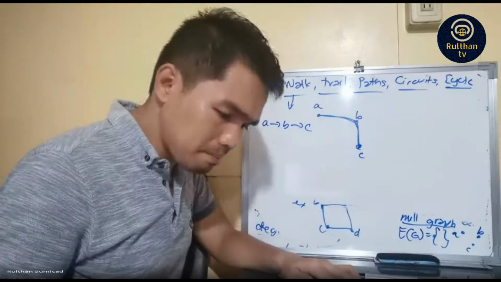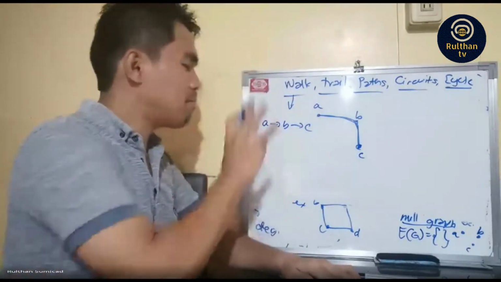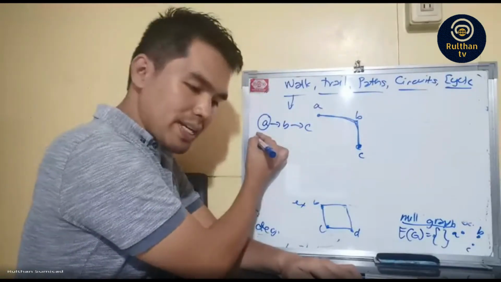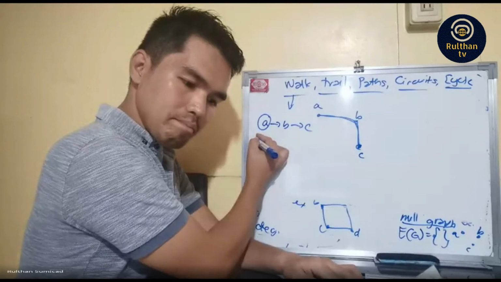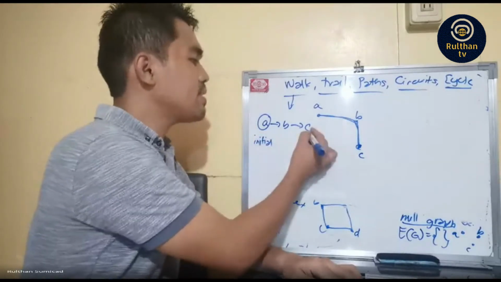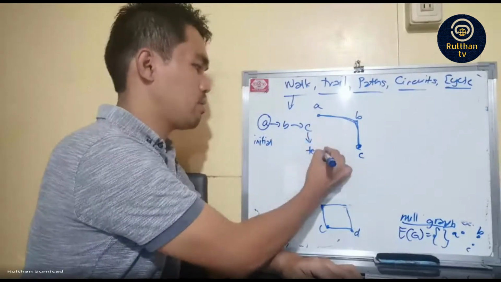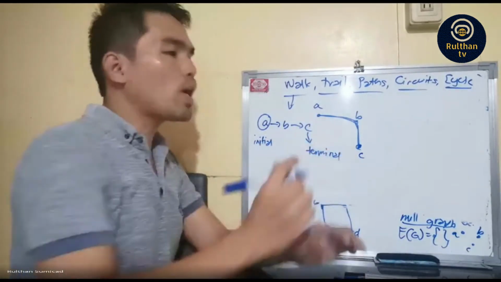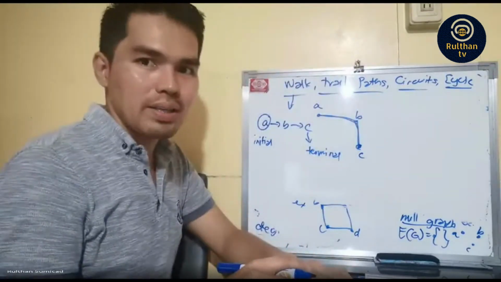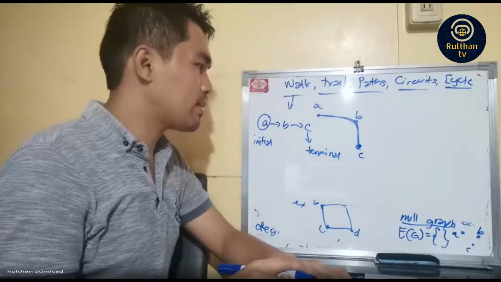What is a trail? By the way, before I continue, this is your initial vertex, and this is your terminal. The concept of terminal is your endpoint, like the door terminate.